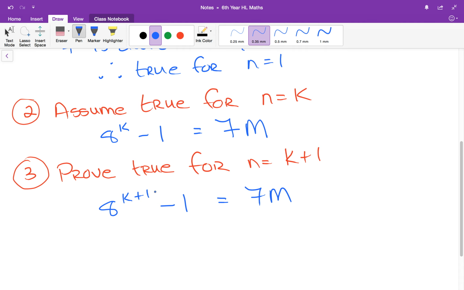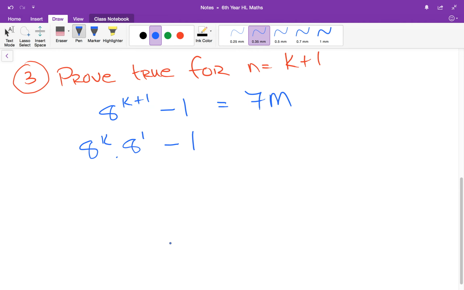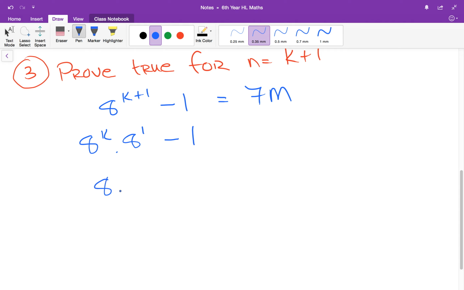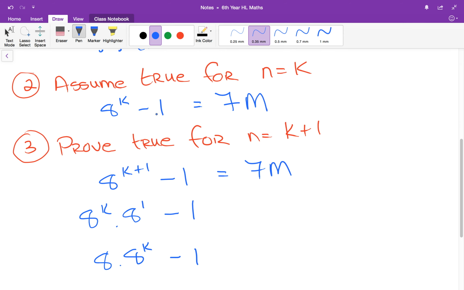Okay, so we're just going to work on the left hand side here a little bit. Using indices laws, this plus came from a multiplication, so it's 8 to the k times 8 to the 1, minus 1, which is 8 times 8 to the k, minus 1. Now for these questions, you go back to the assumption and you manipulate it.